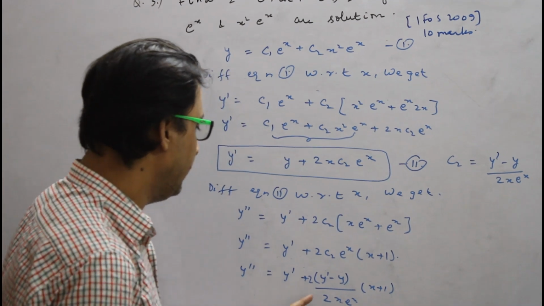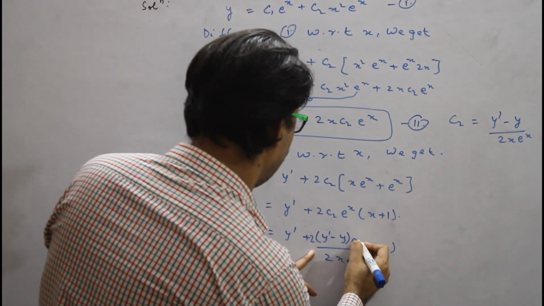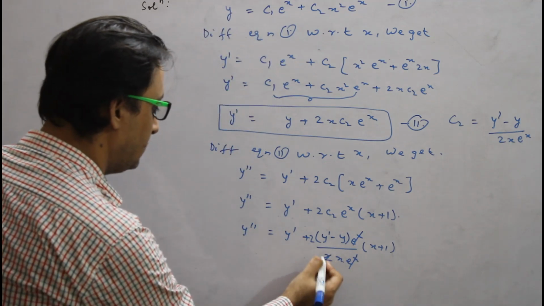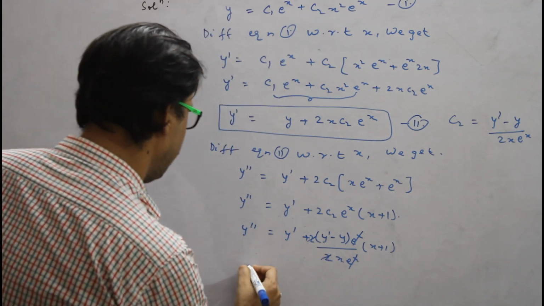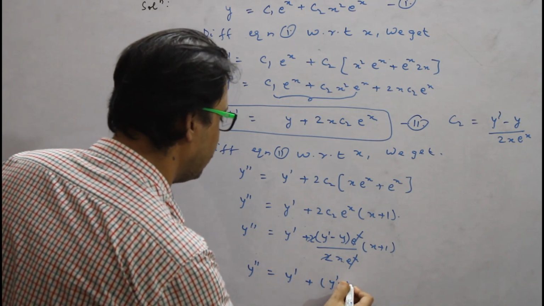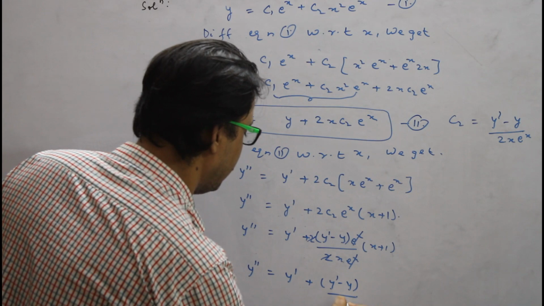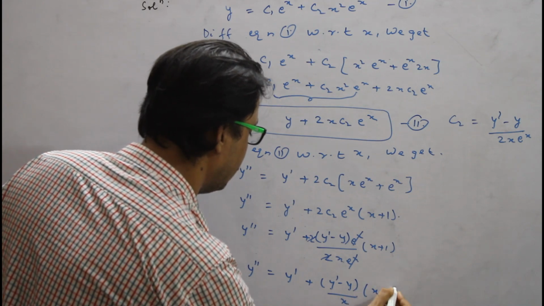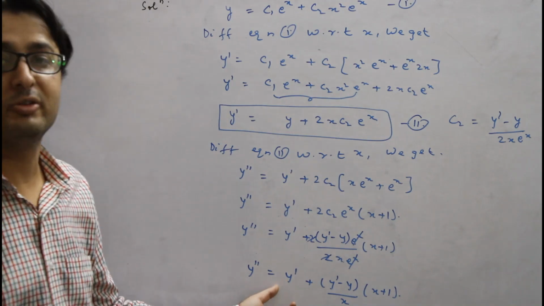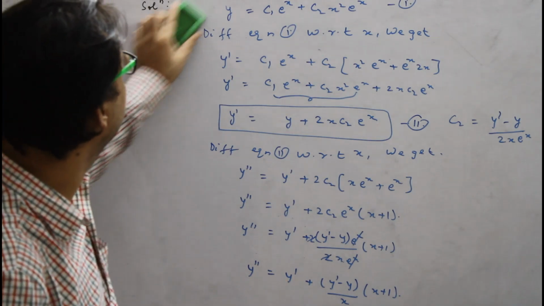Alright, and here we have to mention e to the power x. So e to the power x and e to the power x get cancelled, 2 and 2 get cancelled. So we get y double dash is equal to y dash plus (y dash minus y) divided by x into (x plus 1). Now if we further simplify, we are going to get our answer.